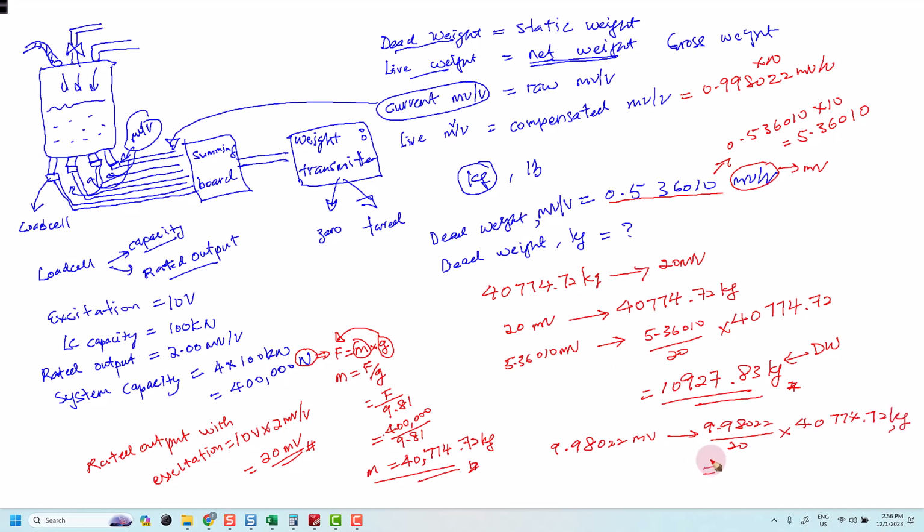Just hold on, let me calculate. You will get about 20347.03 kilogram. Okay, this is the live weight, or the net weight, or what we call the product weight. All right, so that's it. Thank you.